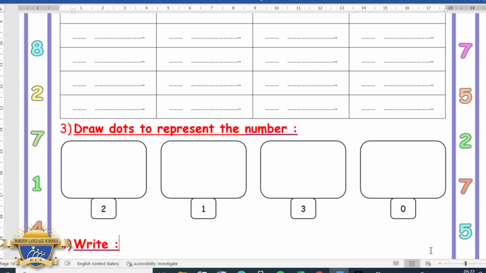Now I want to draw dots to represent the number which is written underneath the rectangle. In the first one, we have 2, so we will represent 2.